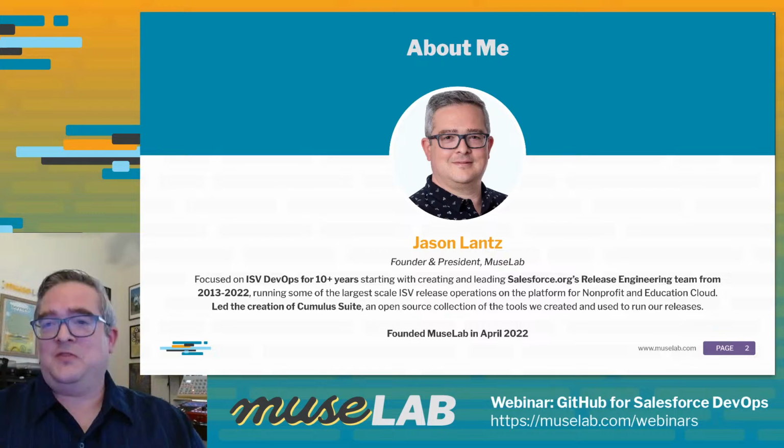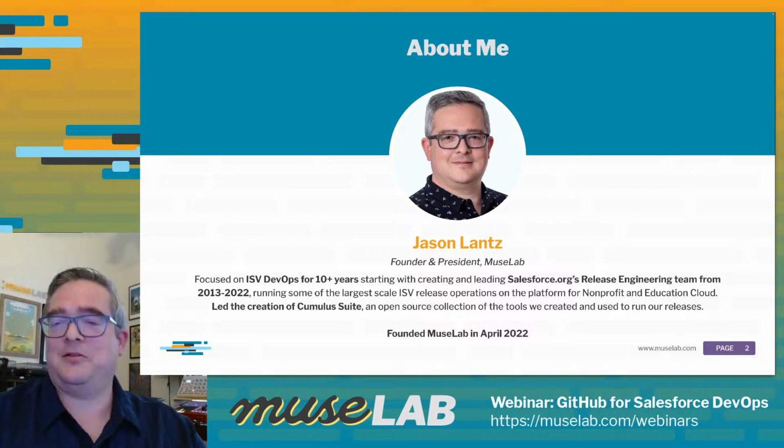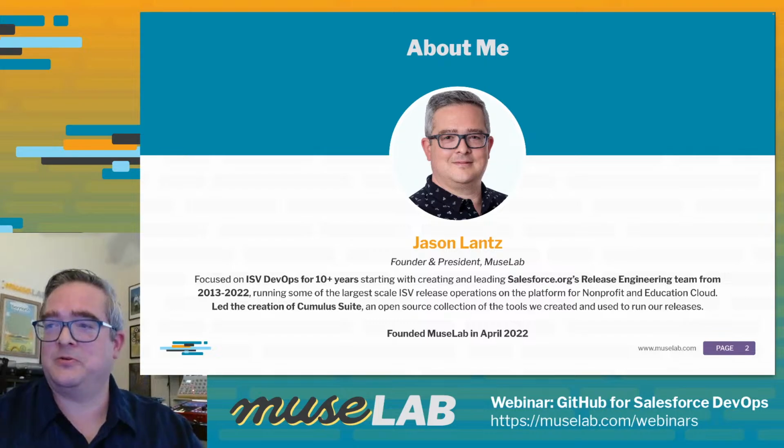Those tools and ISV DevOps are what I talk about most of the time, but that's not actually the topic of today. A lot of what we're talking about is generally applicable to anything that you want to automate through version control in your DevOps process for Salesforce.